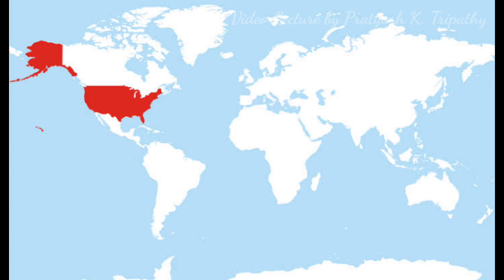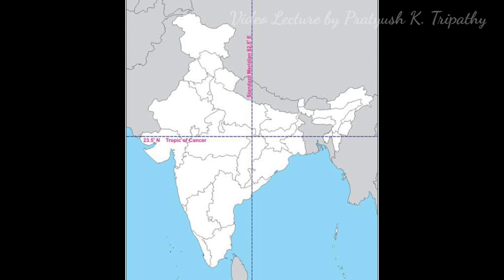Every country follows a standard time, and in India, we follow the local time through our central meridian, that is 82.5 degrees east, which passes through Prayagraj. So, the Indian Standard Time or the IST is 5 hours and 30 minutes ahead of the Greenwich Mean Time.